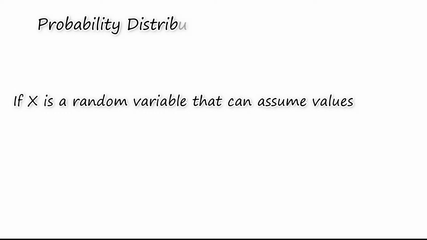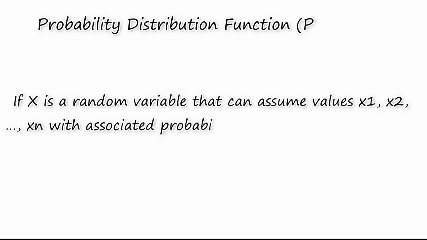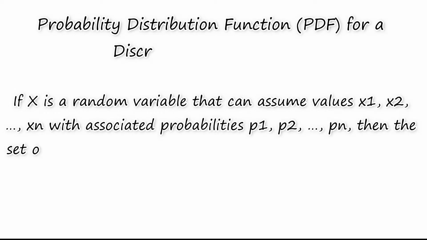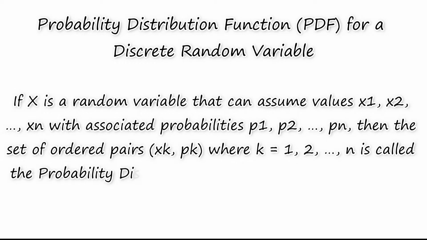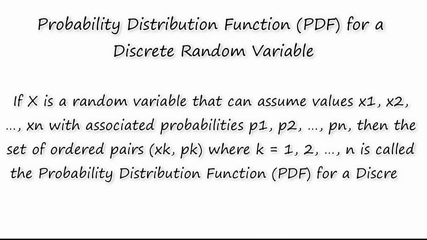Probability distribution function (PDF) for a discrete random variable. If X is a random variable that can assume values x1, x2, and so on to xn with associated probabilities p1, p2, and so on to pn, then the set of ordered pairs (xk, pk), where k equals 1, 2 to n, is called the probability distribution function (PDF) for a discrete random variable.